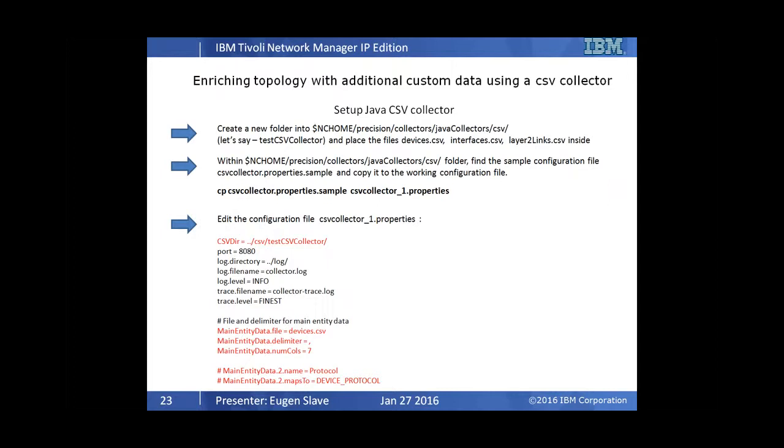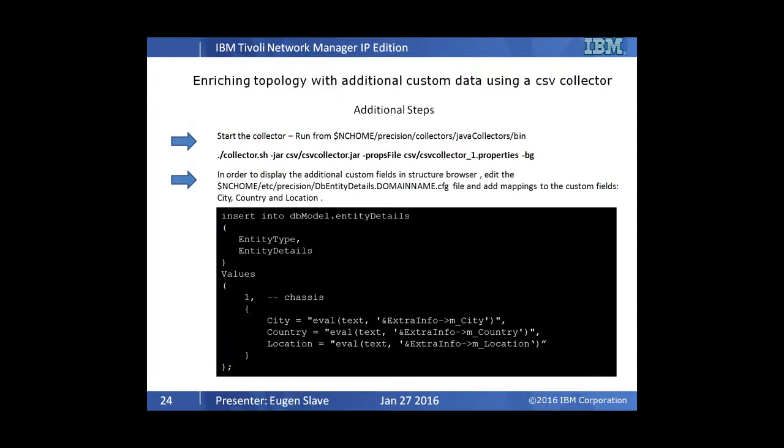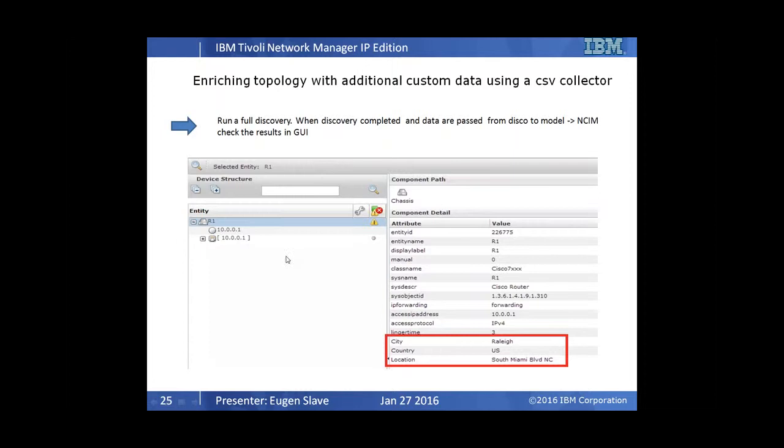Just copy the sample to a properties file and update it properly. Run the collector and run a full discovery. And you can get some additional information like city, country, location in this case, based on information explicitly from the collector.